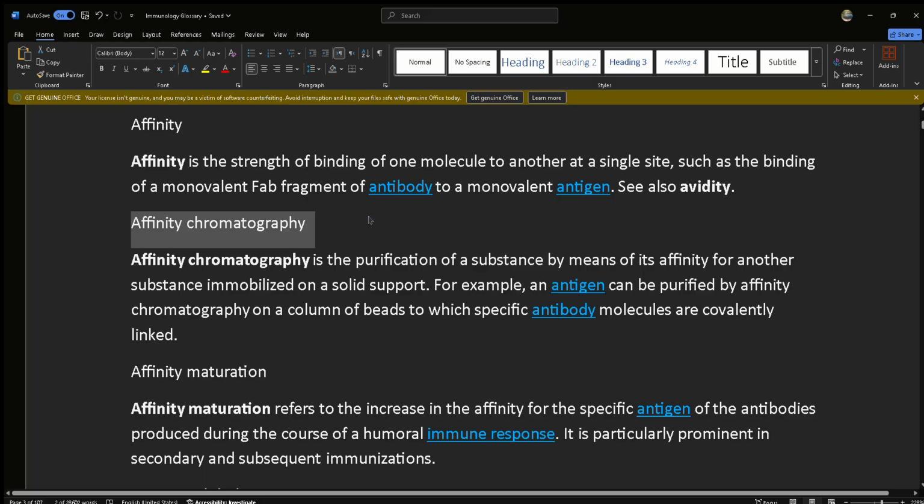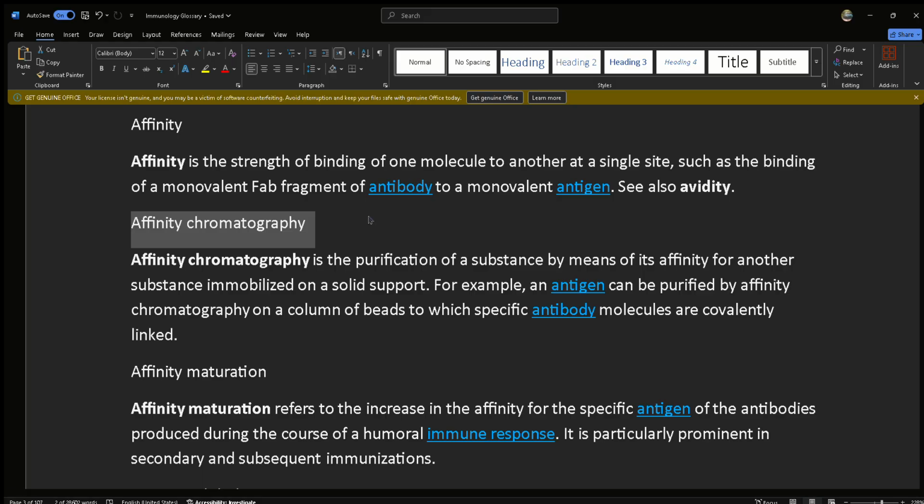Then another term, that is affinity chromatography. Affinity chromatography is the purification of a substance by means of its affinity for another substance immobilized on a solid support. In chromatography there will be a column, and they will coat it with, for example, antigen molecules.